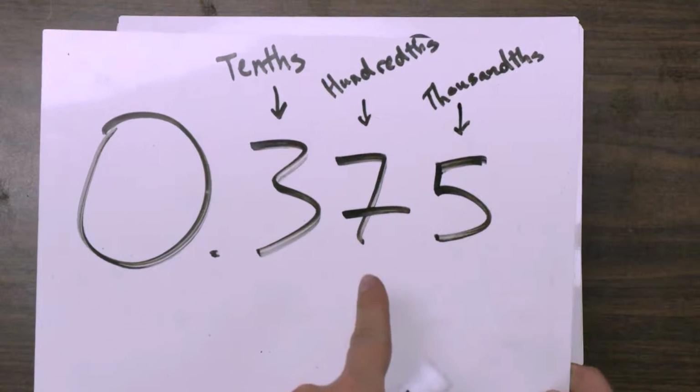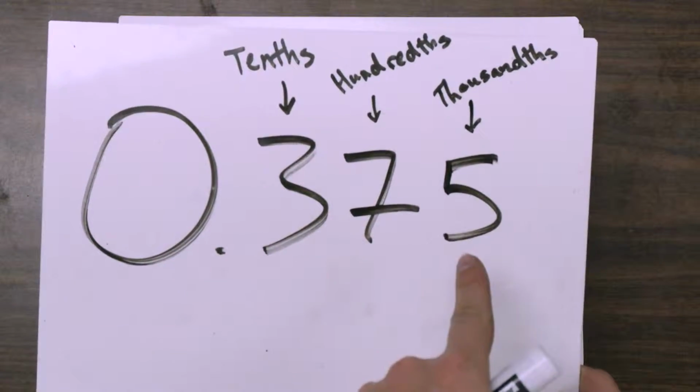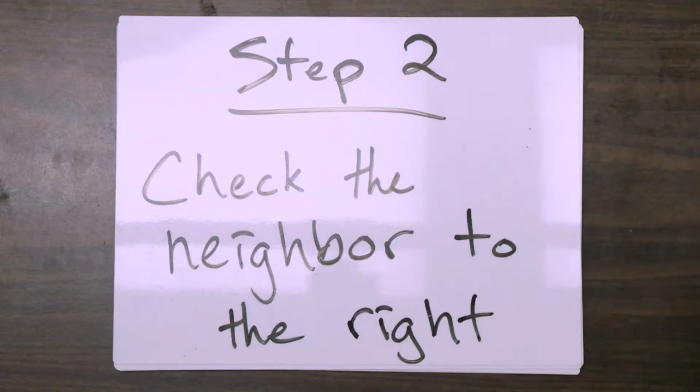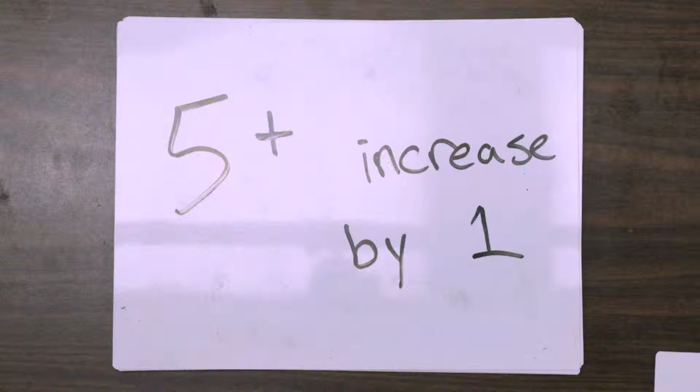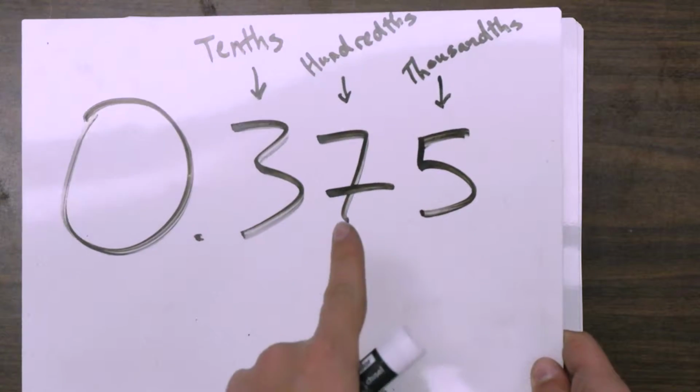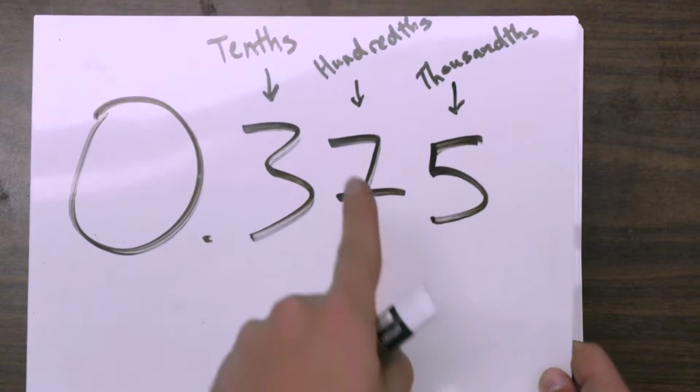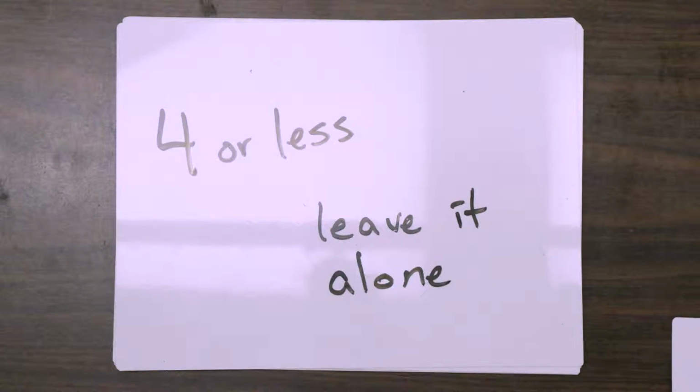If the neighbor to the right is 5 or more, we're going to increase the place value that we're rounding to by 1. So if the neighbor to the right is 5 or more, we're going to increase our hundredths place by 1.